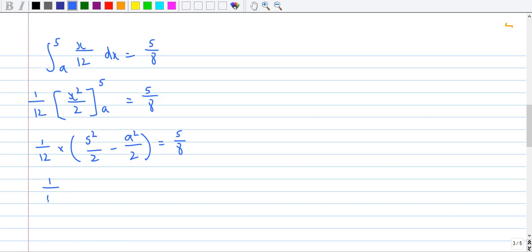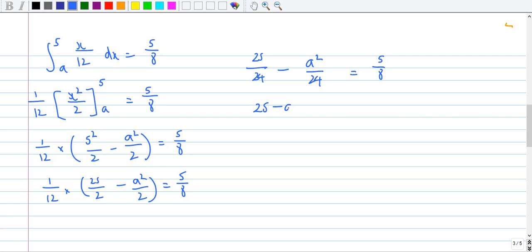We may just simplify this one. A couple of places you could go here. I'd probably expand that bracket and have this 25 on 24 minus a squared on 24 equals 5 on 8. I could write that all as one fraction and write this as 15 on 24, just changing the 5/8 to 15 on 24ths. That makes it really easy for me to do this: let the numerators equal each other.